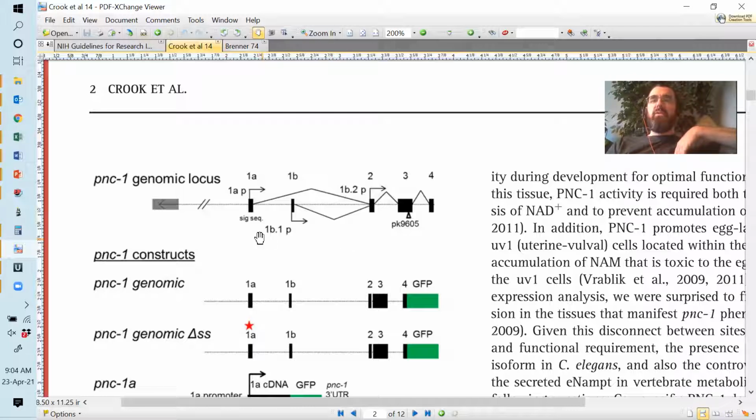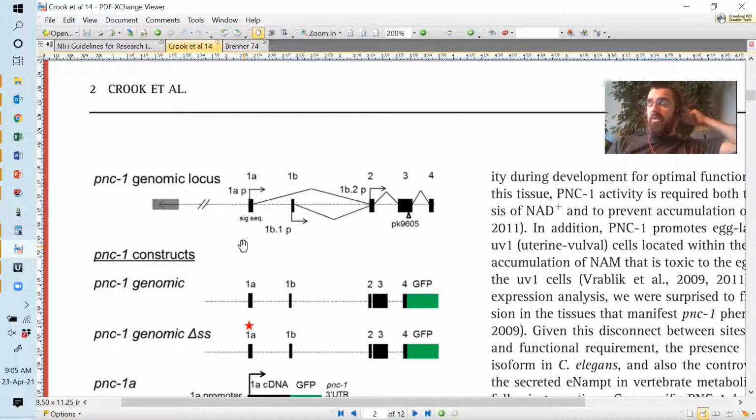This first exon here has a signal sequence that directs it to be exported from the cell. So the 1A form, which is this one, this one, and this one, together, is a secreted protein. So this is able to move around the worm. It's not just active in the cells that it's expressed in.